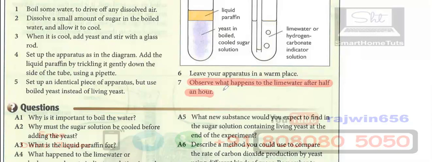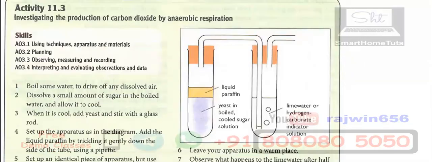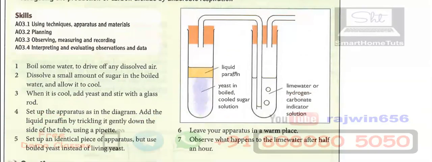Obviously, you know lime water test is the test for carbon dioxide. If carbon dioxide is evolved, in that case lime water is going to turn milky or cloudy. Now we are going to look into this apparatus. Just see what this apparatus is. We have here a corked test tube.